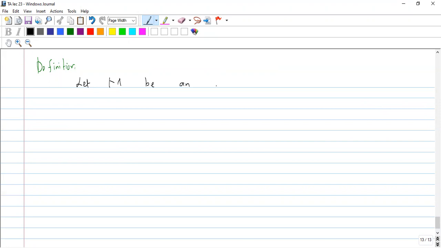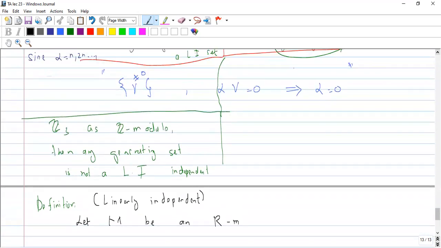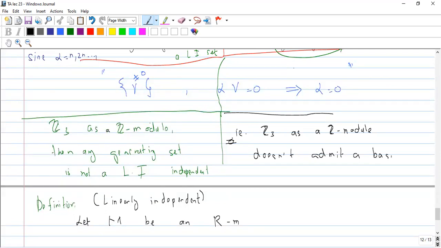So let M. नहीं, फ्री मॉड्यूल की ये अभी लीनियर इंडिपेंडेंट की है, फ्री मॉड्यूल की बताऊंगा। वैसे मैं रिकॉल जनरल डेफिनेशन देख लेना लीनियर इंडिपेंडेंट की, वैसे तो मालूम है हम लोग को, तभी हम देख लेते हैं ना। मैंने उस वक्त तो एक सिंगल वेक्टर के लिए तो मोटिवेशन के लिए आपको बताई थी ना, तो बल्कि यहाँ पे जो मैं लिख रहा था मैं लिख देता हूँ। सो दैट इज Z3 as a Z module doesn't admit a basis set.